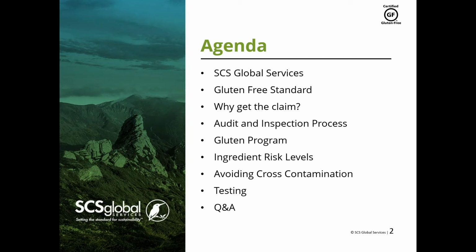And then we'll jump into ways to avoid cross-contamination, which will include several slides on common sources of cross-contamination and additional ways to mitigate risk, and testing requirements and testing methods. And we'll review when and what we need to test. And then we'll wrap everything up with a 15 or 20-minute Q&A, depending on how much time we have.